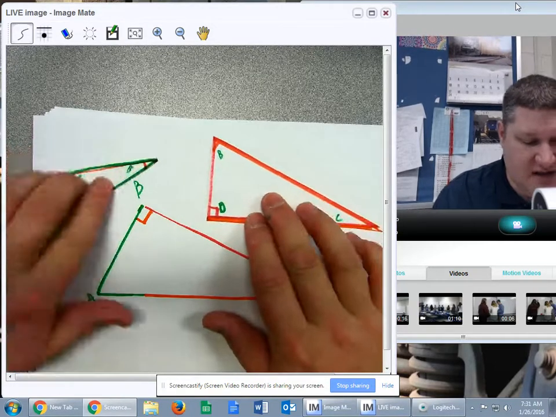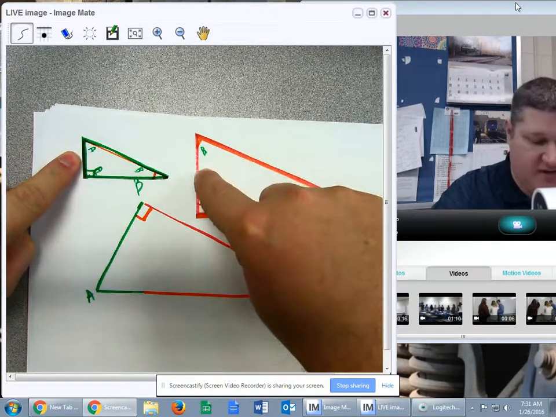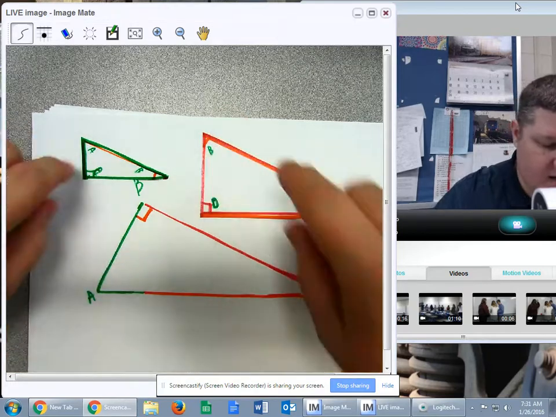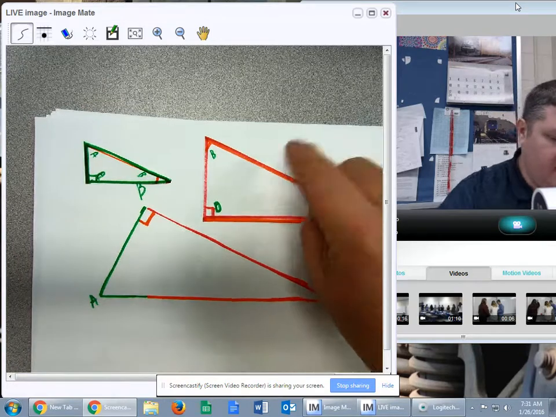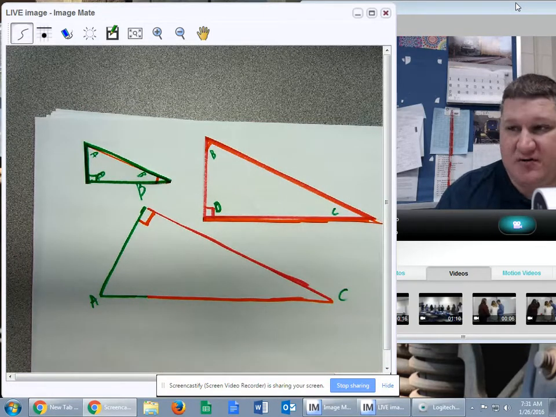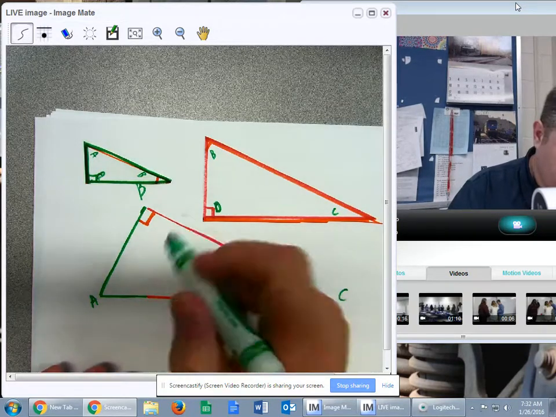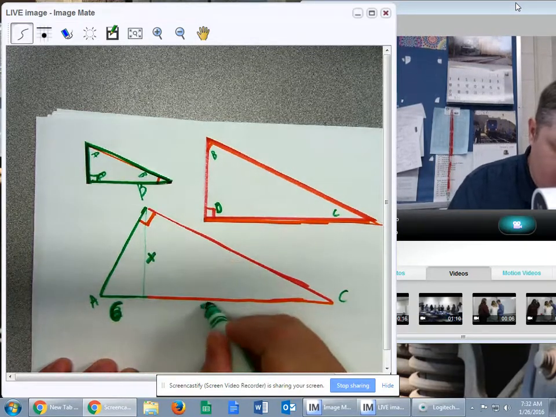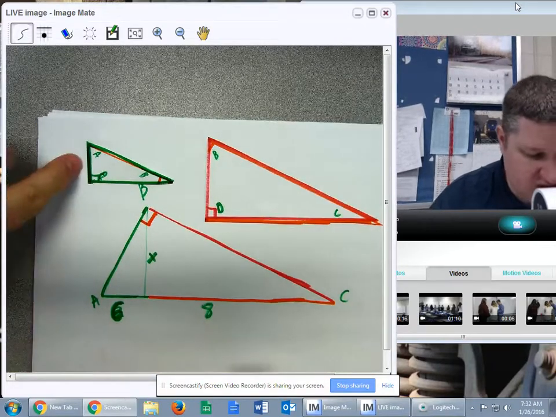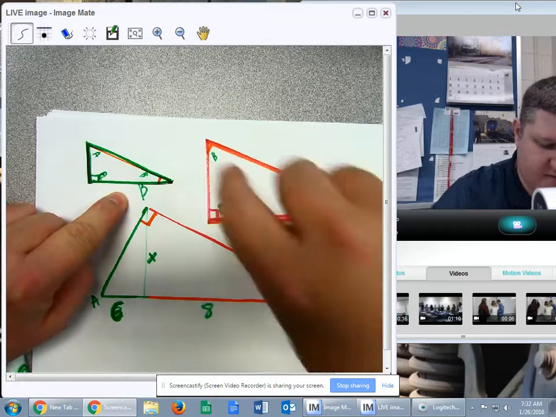So what we can say now is, if I have all these similar triangles, then this side must be similar to this side and similar to this side. And this side, because this is the longest, and the longest has to go with the longest. And so we're going to base all of this geometric mean stuff on this, which allows me to say that if I have, well, let's call this 6, even though it doesn't look like 6, x and 8, that would make small side 6, this side x, small side x, this side 8.